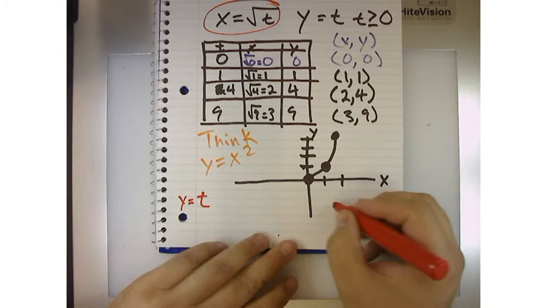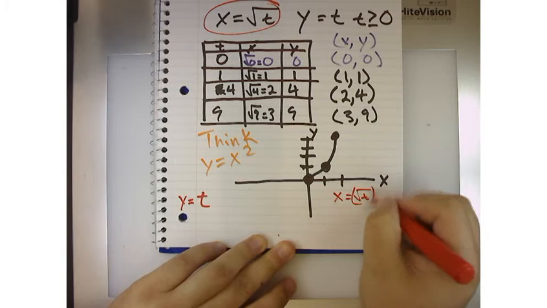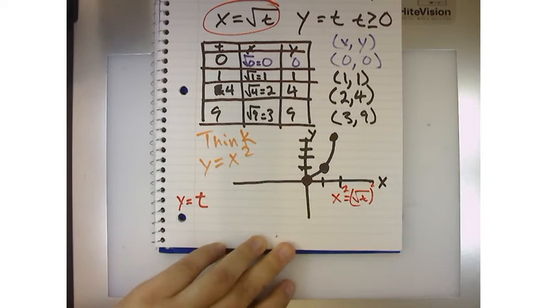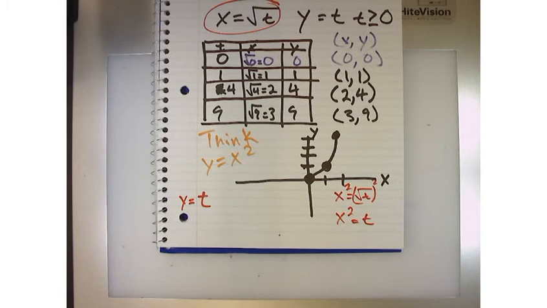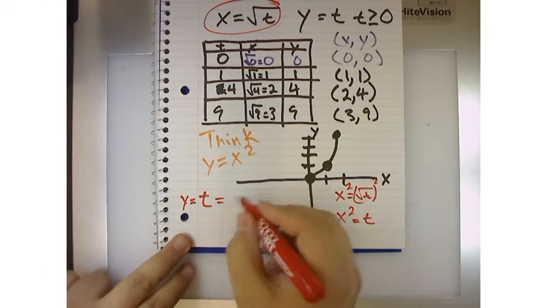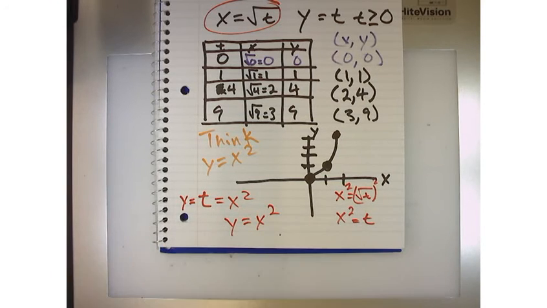Well, if I know that x equals the square root of t, could I square this side and square this side, and then I get x squared equals t? So then the next line would be x squared. So I've got y equals x squared. Do you see the relationship?